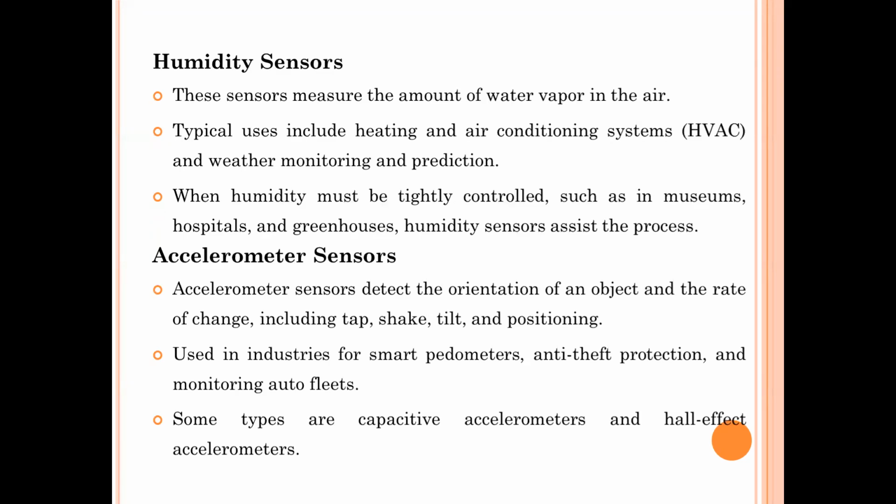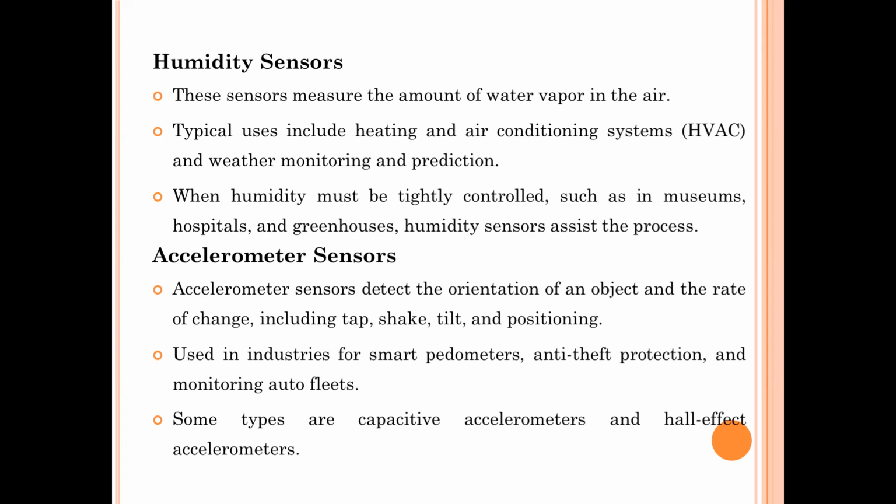The next one is the humidity sensor. This sensor helps you measure the amount of water vapor available in the air. Its uses include heating and air conditioning systems, and weather monitoring and prediction.